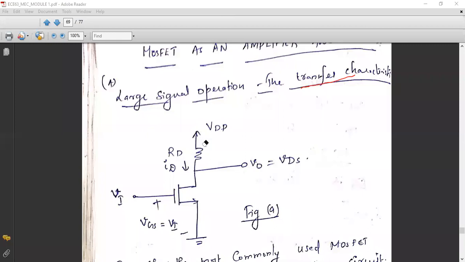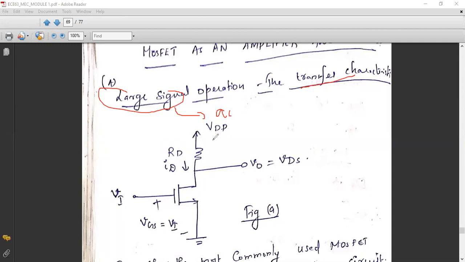Now you can draw the circuit diagram. This is to explain the large signal operation of a MOSFET. Now, what do you mean by large signal and small signal? Large signal is nothing but how the circuit gets operated with an AC input. So large signal means AC signal as your input, how the circuit will work. That is large signal operation. Similarly, DC analysis means without giving any AC input, we are just concentrating on DC input.